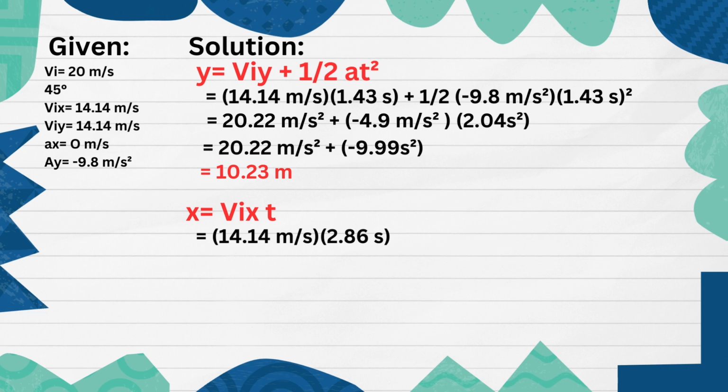Distribute the value: 14.14 m/s multiplied by 2.86 in getting the x. So, the answer, we can get directly on the calculator. The answer will be 40.44 m.